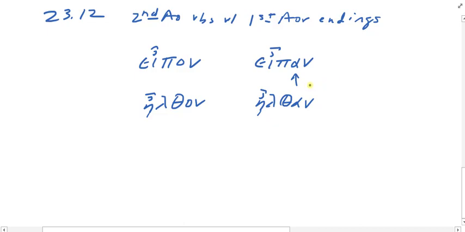The rest of these forms don't happen very frequently, so it's really this one that you need to be aware of, but he does give you a few examples of rarer forms that do this, okay? Just because the form is veering towards the first aorist, even though it's a second, doesn't really indicate any change in meaning. It's still an aorist, which means it's going to be translated with a simple past form, okay?